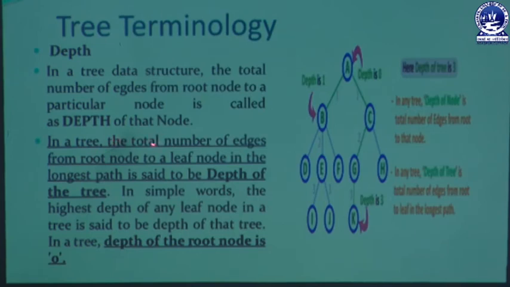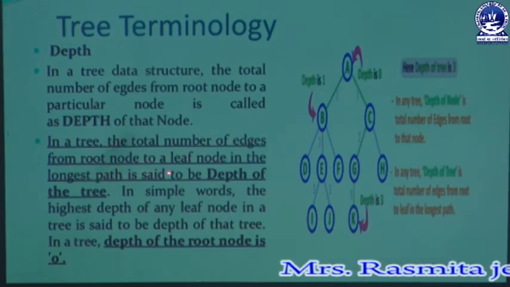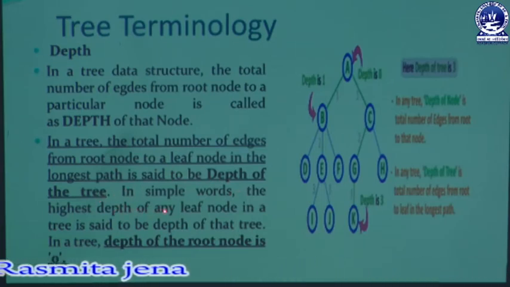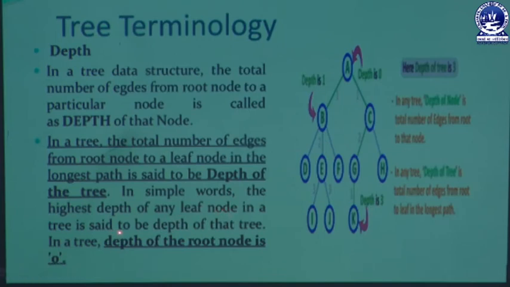So in a tree, the total number of edges on the longest path from the root node to a leaf node is called the depth of the tree. In simple words, the highest depth of any leaf node in the tree is said to be the depth of that tree. This is a similar, or just the reverse, definition of the height of the tree.